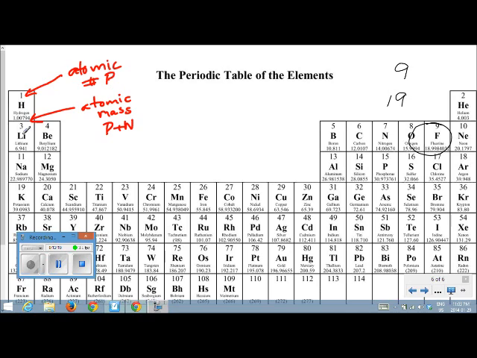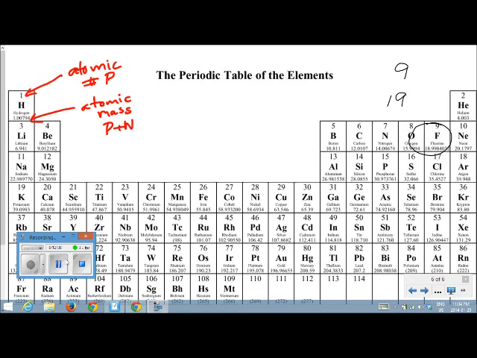The second shell, or second period, if you count with me, 1, 2, 3, 4, 5, 6, 7, 8, can hold 8. And the third shell can hold 1, 2, 3, 4, 5, 6, 7, 8. So always remember 2, 8, 8. That's how I remember that it can hold 2, 8, 8.